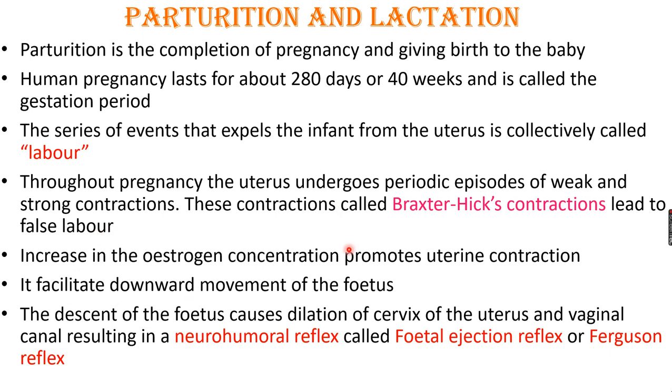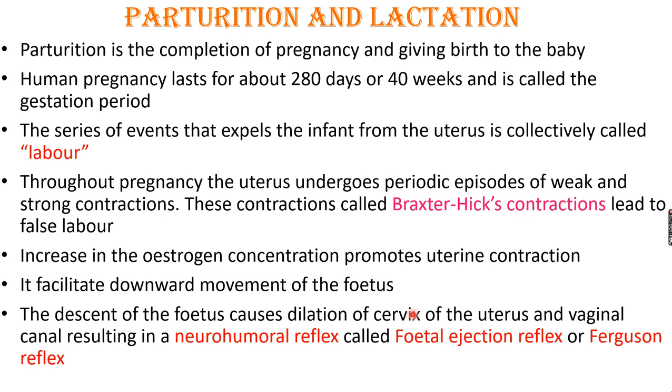The increase in estrogen concentration promotes uterine contraction, right? So after 40 weeks, what happens? It facilitates the downward movement of the fetus. At that time, the descent of the fetus, the head portion comes down. It causes dilation of the cervix of the uterus and vaginal canal.